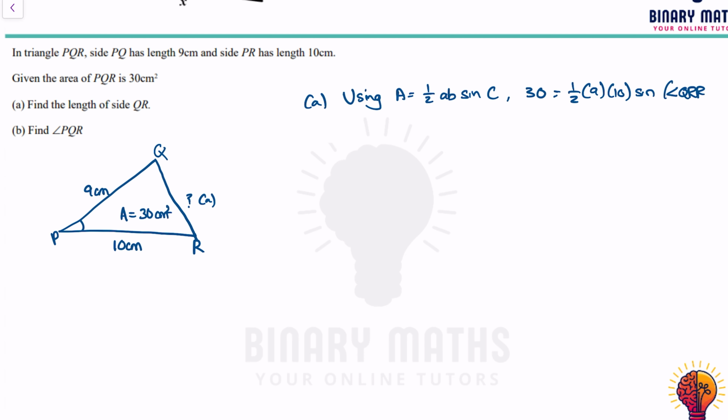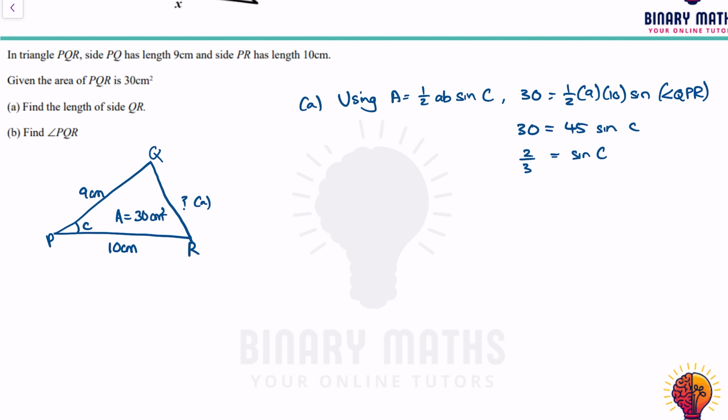Okay, if I simplify that, I get 30 is equal to half times 9 times 10, which gives me 45, so 45 sine C. Let's call this C. So sine of C must be equal to 30 over 45, which simplifies to 2/3.